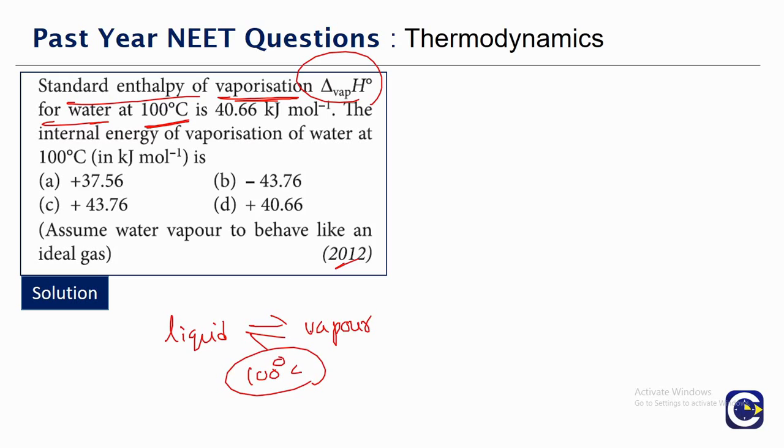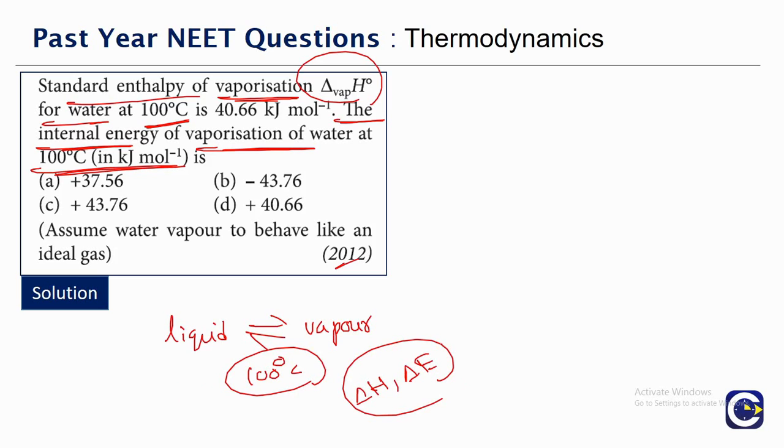It is 40.66 kilojoule per mole. We require the internal energy of vaporization, so this is a question based upon the delta H and delta E relation.